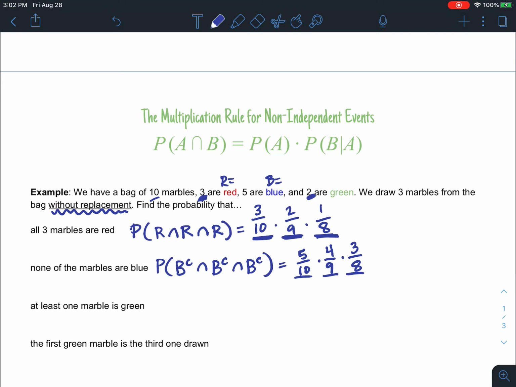The next one, at least one. There's that phrase again, at least one. Remember, I should think about at least one as 1 minus the probability of none. So at least one marble is green. Let's change this question to be 1 minus none of these marbles are green. So not green, and not green, and not green.